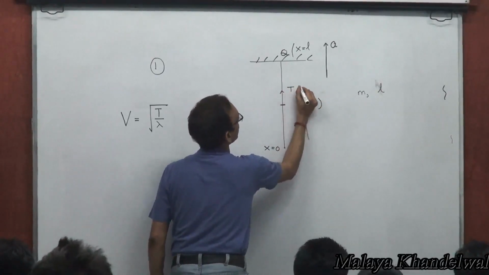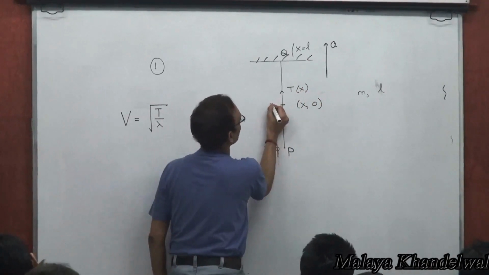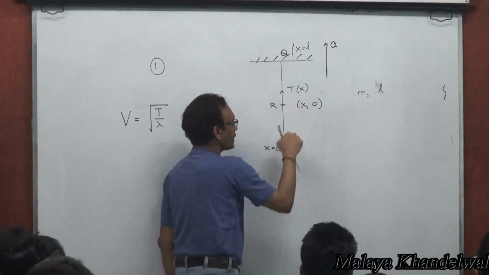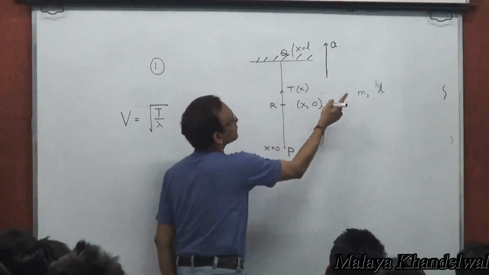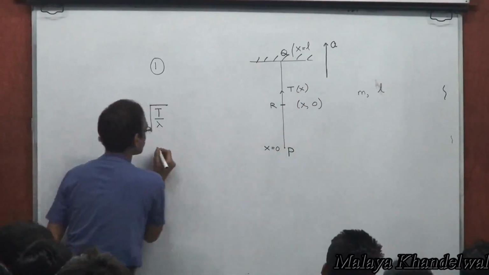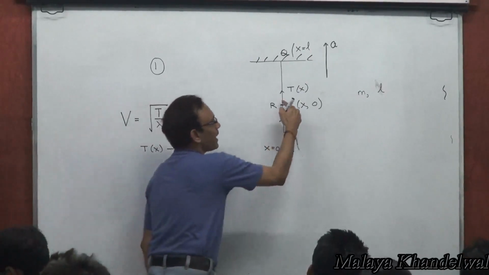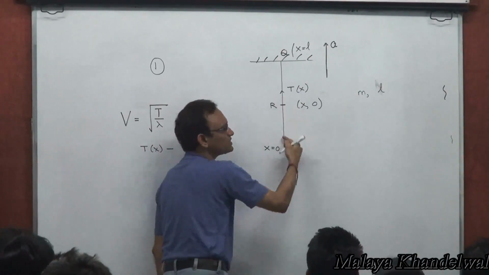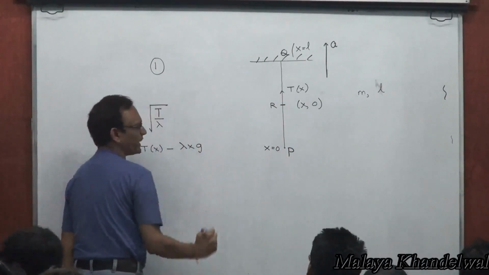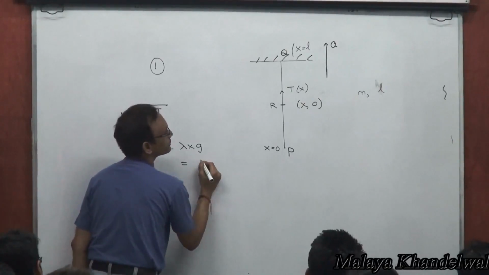Now if the tension at x is Tx, then if I draw the free body diagram of PR, this Tx and the weight of this together will produce an acceleration a on PR, right? So the tension at x minus the weight of this. The mass of this is lambda x, so lambda x into g is the weight acting downwards.